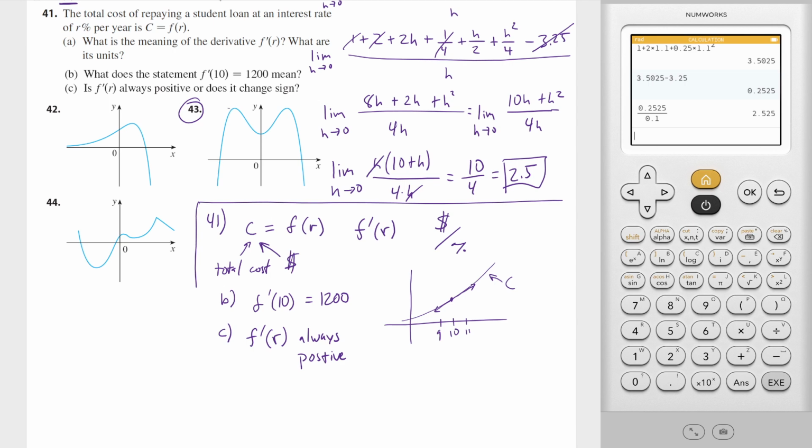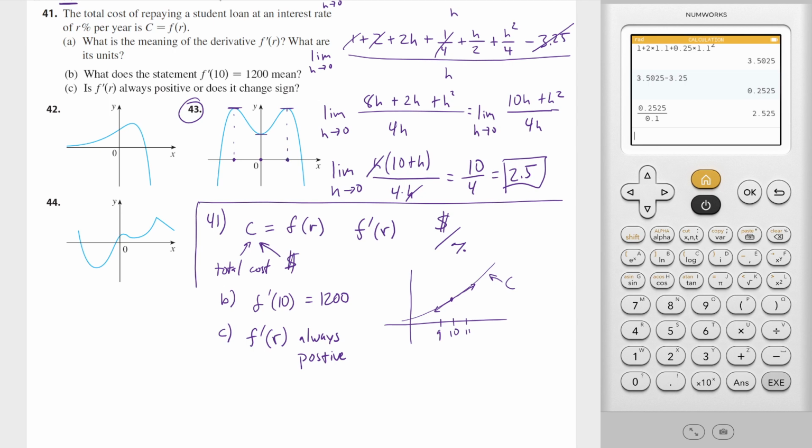So I see right here, I have a zero slope there, a zero slope there, and a zero slope there, which means that the value of the derivative is the slope of the original function. So a zero slope means a zero value here. A zero slope means a zero value here. And a zero slope means a zero value here.